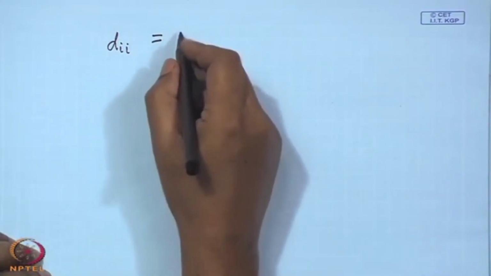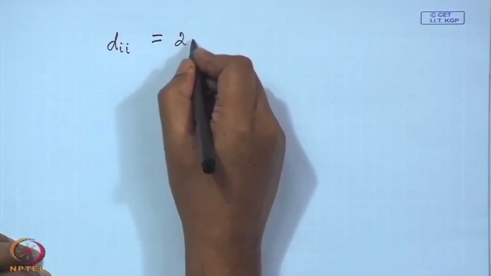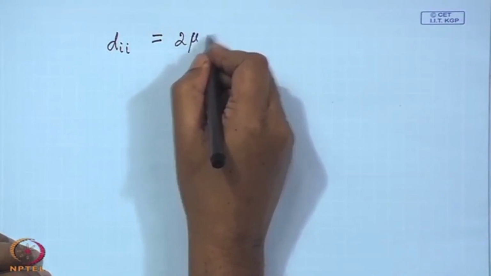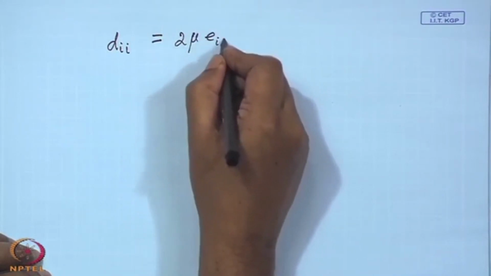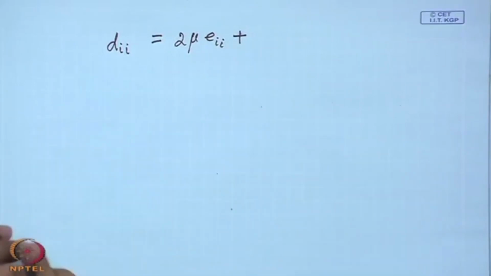It is 2 mu E_ii plus, what will the second term be when you contract, when you make i equal to j?